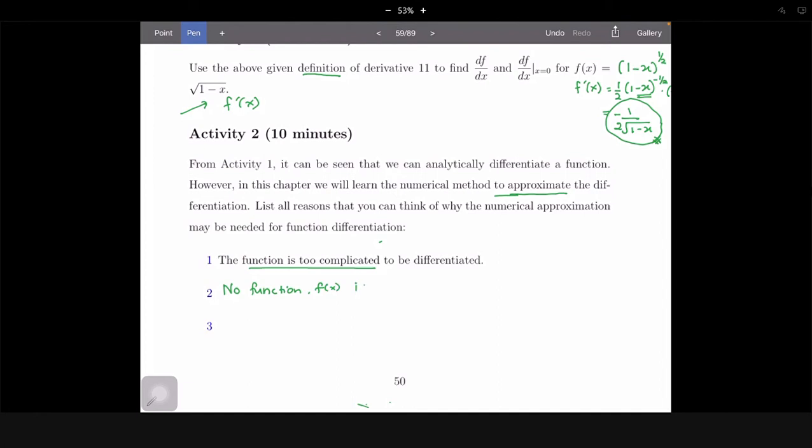no function f x is given. Faham tak? Dia suruh cari f prime, dia suruh cari the derivative of function tapi tidak beri pun function tersebut. Macam mana tak beri function tapi dia suruh cari f prime? Maksudnya kat sini, perasan tak? Dalam chapter 3, kita nak cari polynomial.